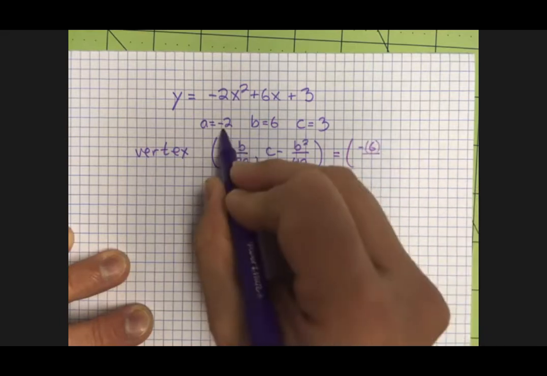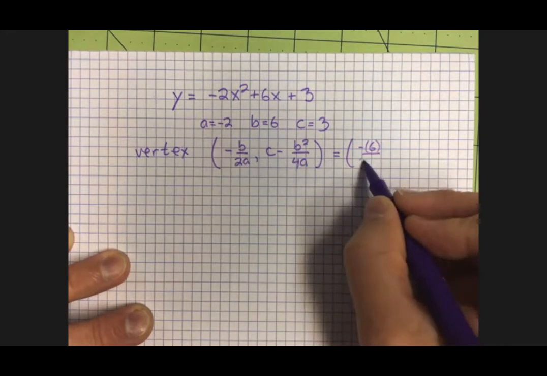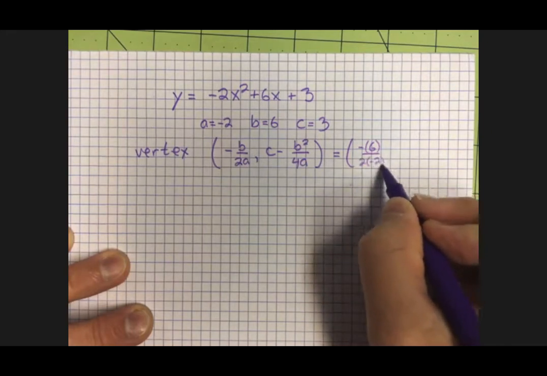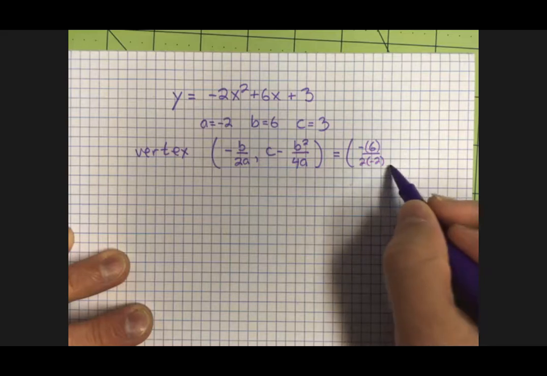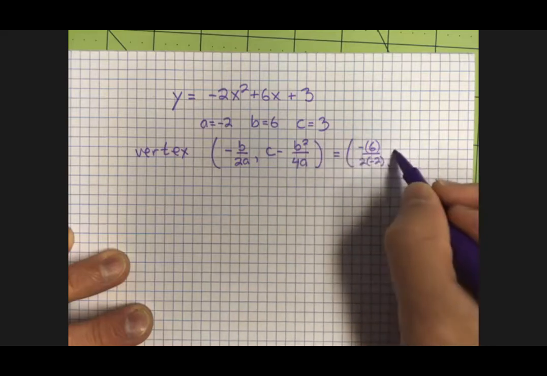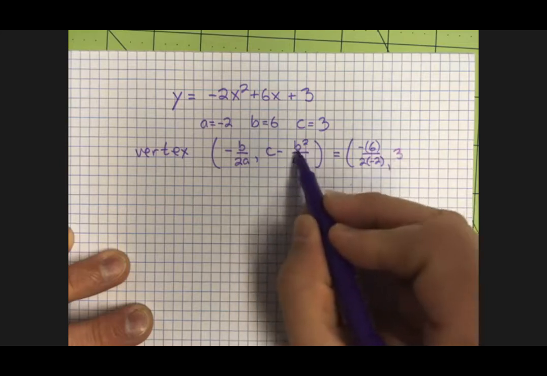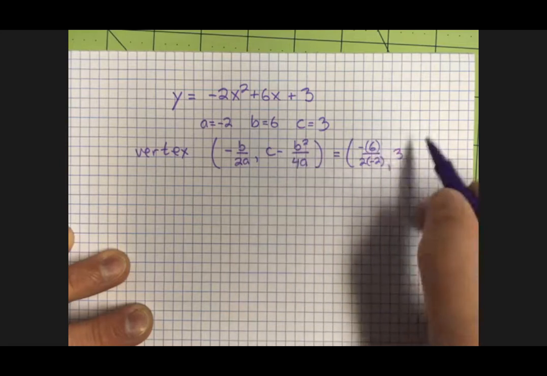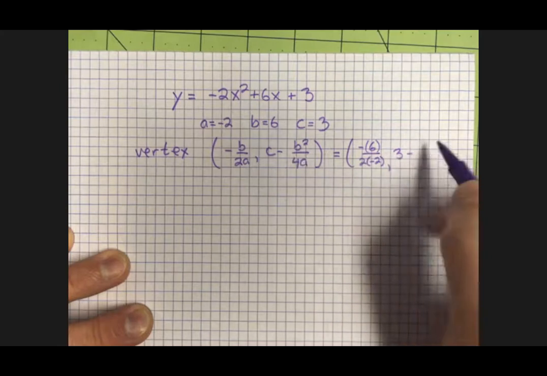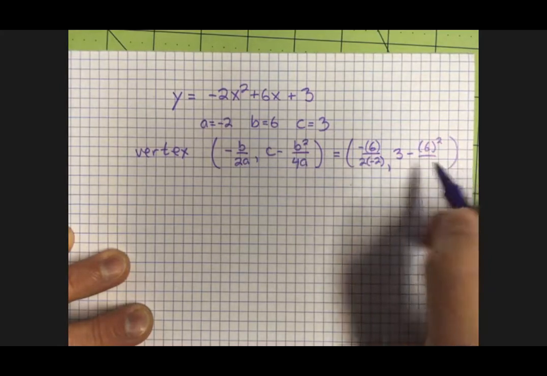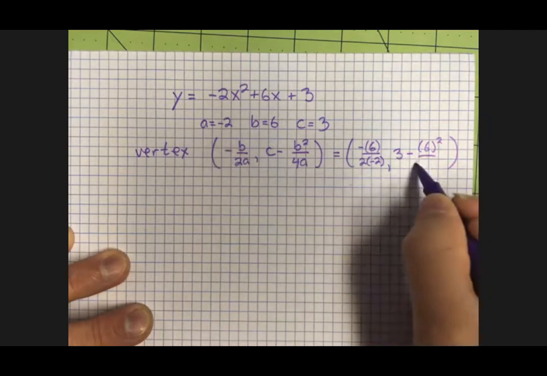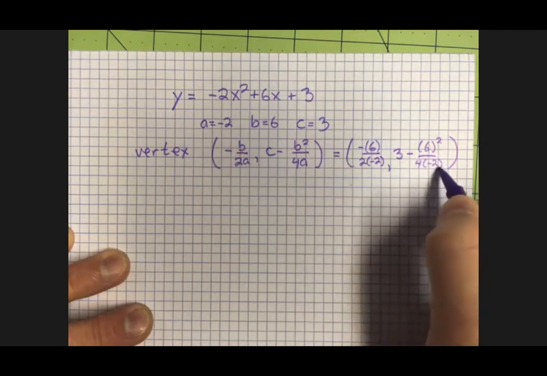Minus 6 over 2 times minus 2, kind of using parentheses to make sure I don't lose any signs. And the c is 3. And minus b squared, which is 6 squared, over 4 times a. That's 4 times minus 2.